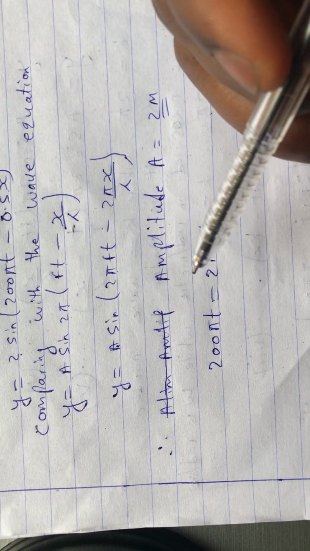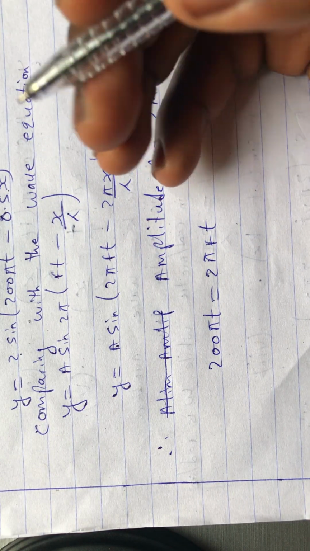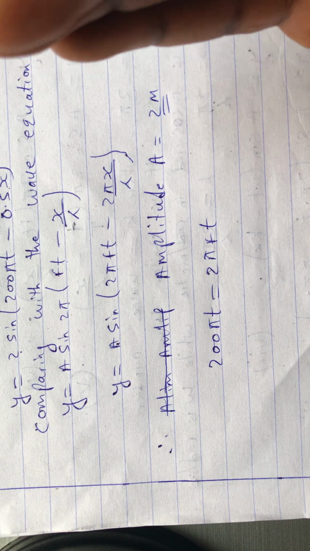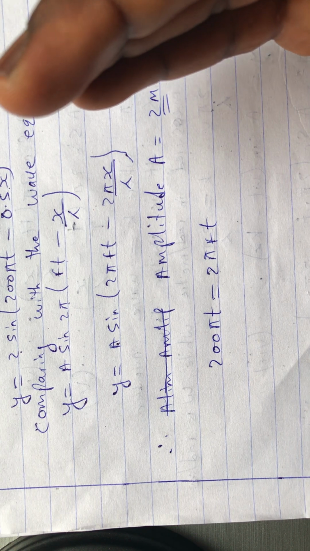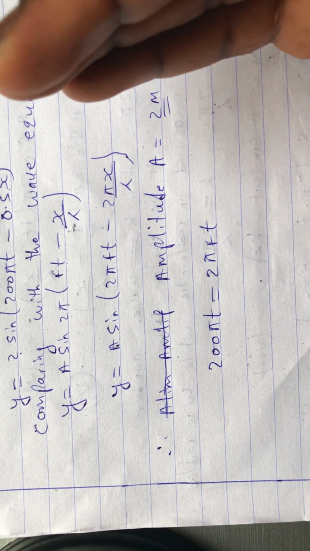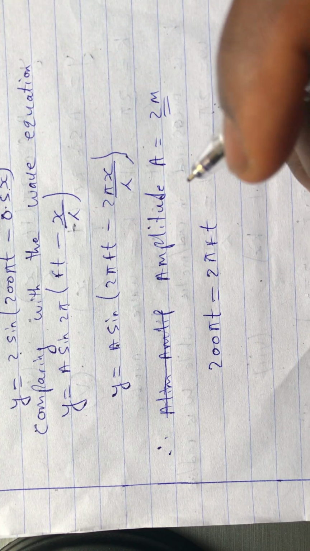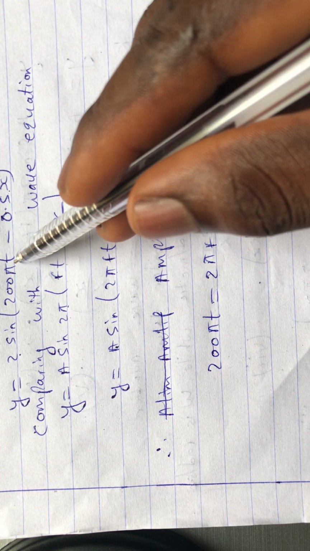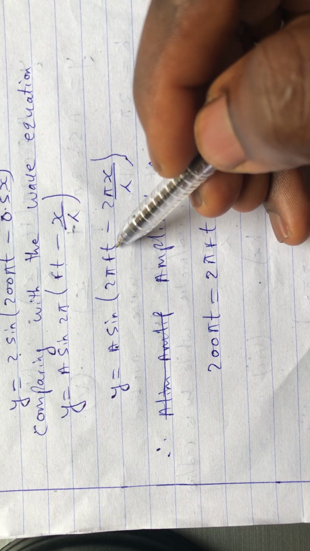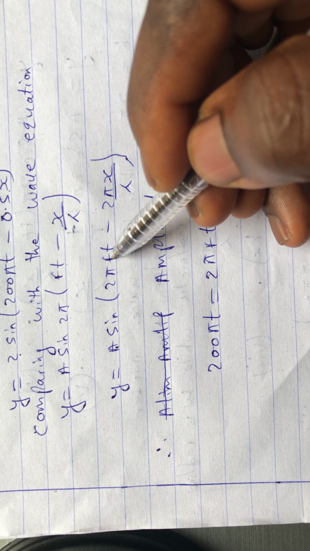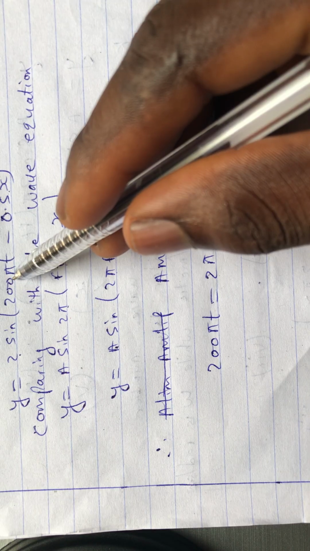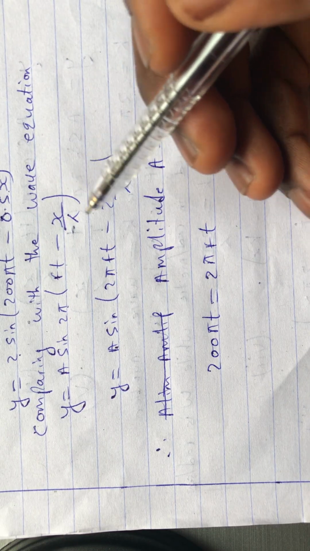That's why I told you guys not to cram any formula. Always try to know the basic concept. When you master the concept, when you want to compare anything, it will be easy for you. You don't have to check which one should I use to compare. Once you know you have pi t here, and you see pi t here, and your f is here, that means your f also should be here. You just compare the two together.